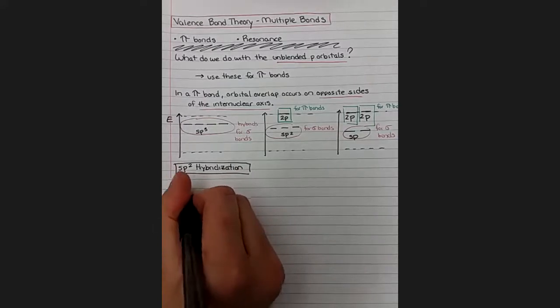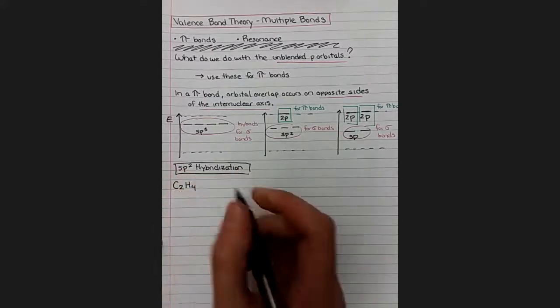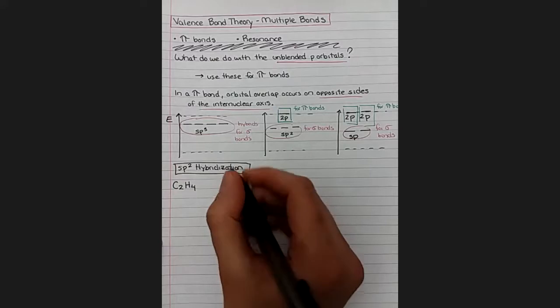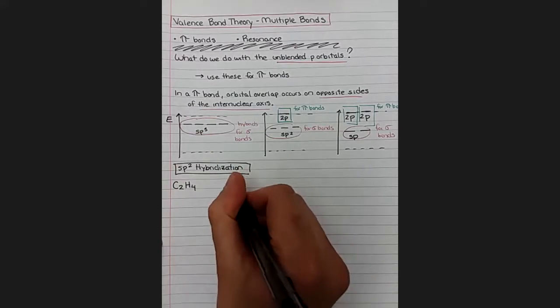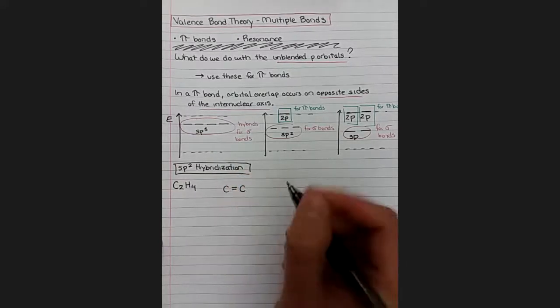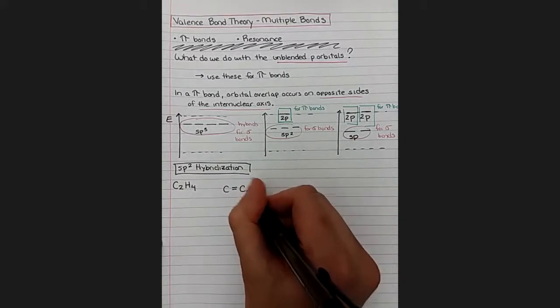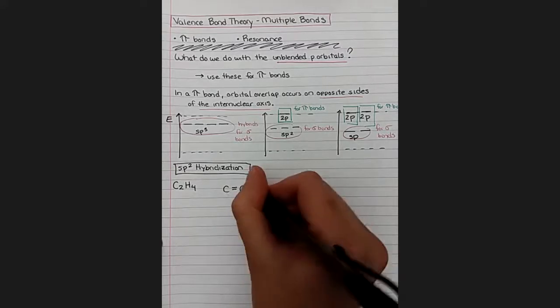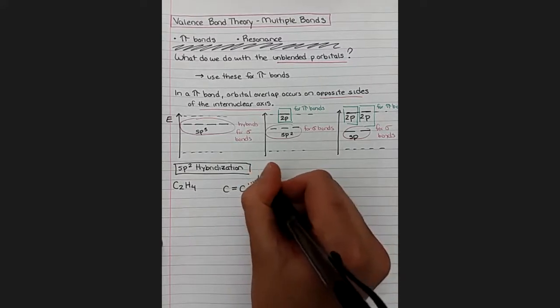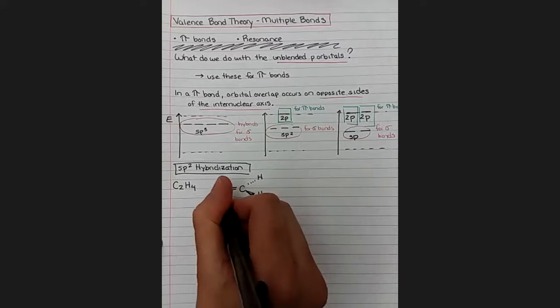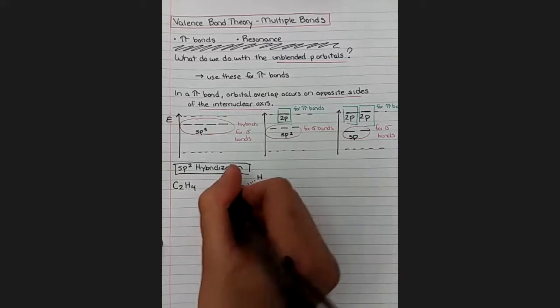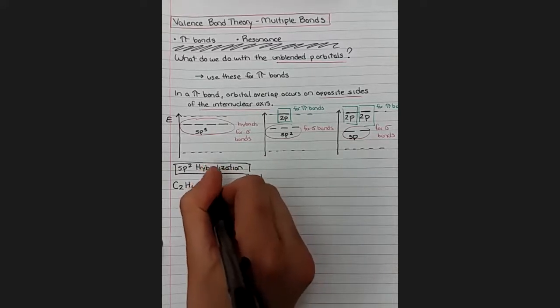Here's a molecule that experiences this, C2H4. So when we draw the Lewis structure, we draw a double bond between the carbons. Usually we draw the hydrogens in the plane of the page, but today we're going to draw them on an angle. We're going to look at the molecule from a slight angle, to emphasize the geometry.